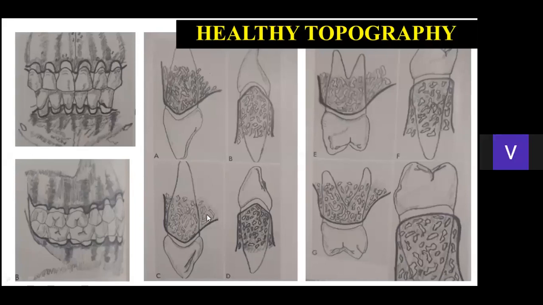Radicular bone is less than the interdental bone. And what is a negative architecture then? Ma'am, interdental bone is lower. Yes. So our goal is to re-establish a positive or at least a flat architecture in a periodontitis patient.